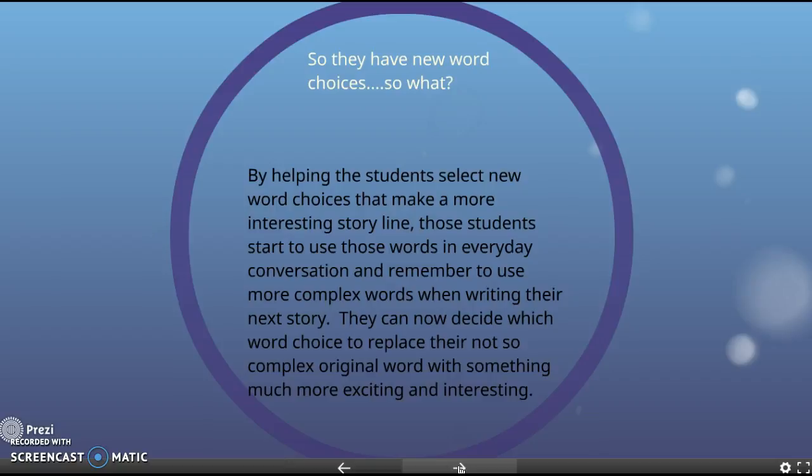They can now decide which word choice to replace their not so complex original word with something much more exciting and interesting. And they loved this because they got to use their more interesting word with their friends, and their friends thought they were pretty smart.